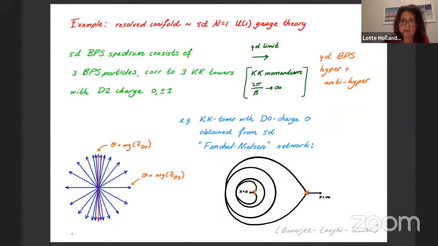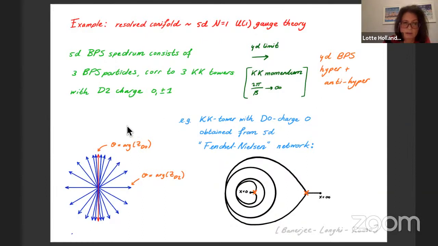You find that there are 3 BPS particles in this case, which correspond to 3 so-called KK towers of D0 branes, which have a D2 charge equal to 0, plus or minus 1. In the 4D limit, where the KK momentum goes to infinity, this corresponds to the hypermultiplet as well as the anti-hypermultiplet that we've discussed in the A2 theory.